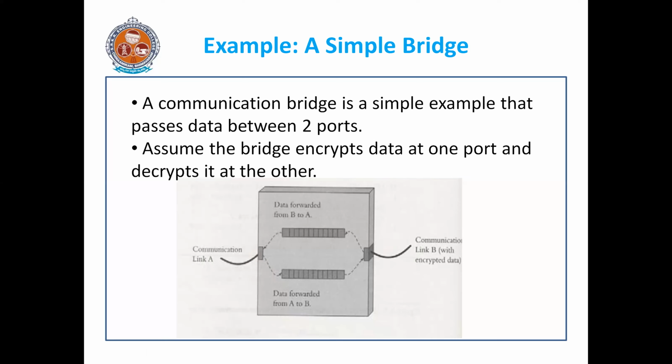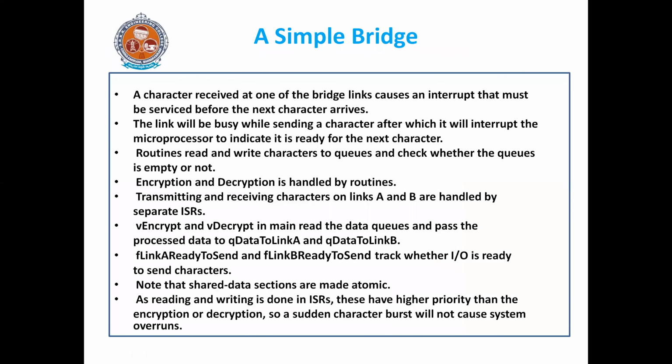So this is a simple bridge application. Here, first of all, these are the main things that will happen in a simple bridge. Suppose you receive a character at one of the bridge links, it causes an interrupt that must be served before the next character arrives.